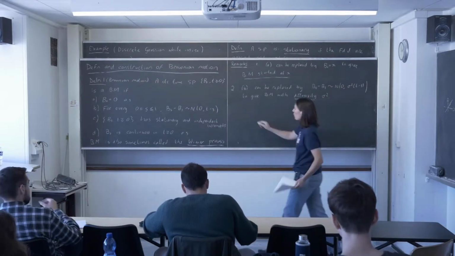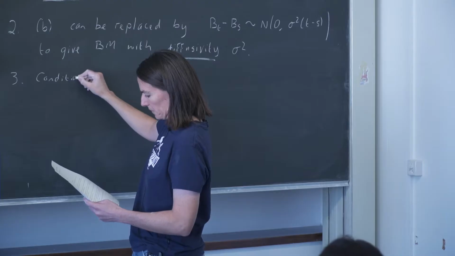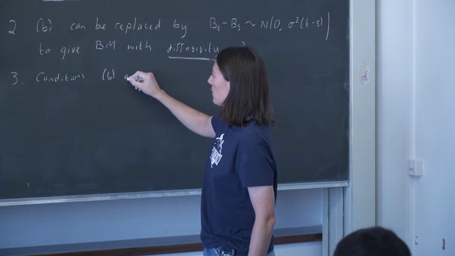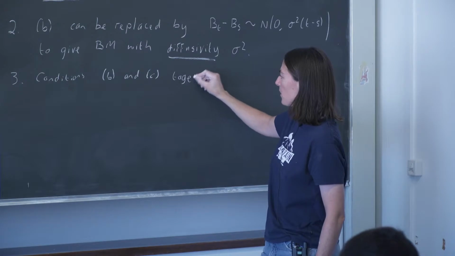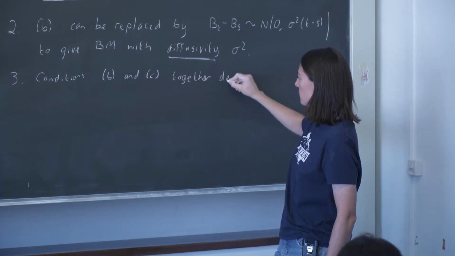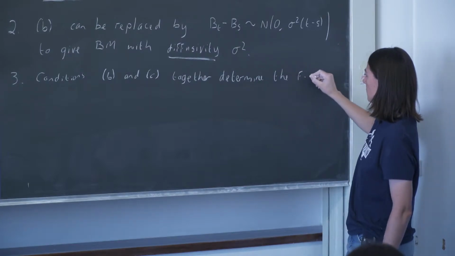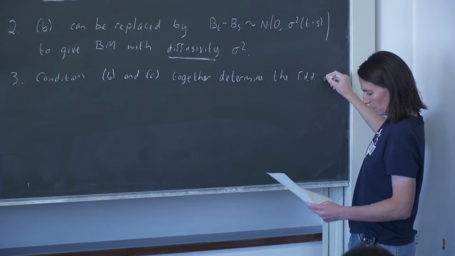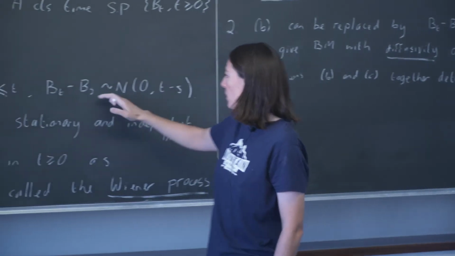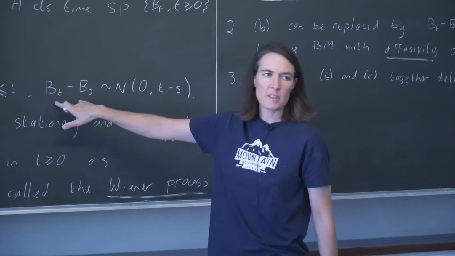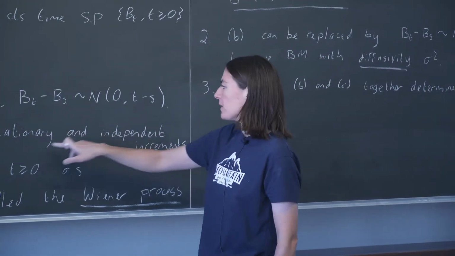Then remark number 3 is that conditions (b) and (c) together determine the finite dimensional distributions of B. In particular, we know that an individual increment is Gaussian, and we know we've got the stationary and independent increment property.